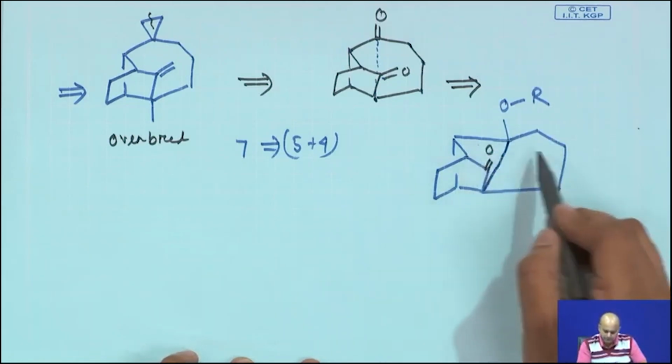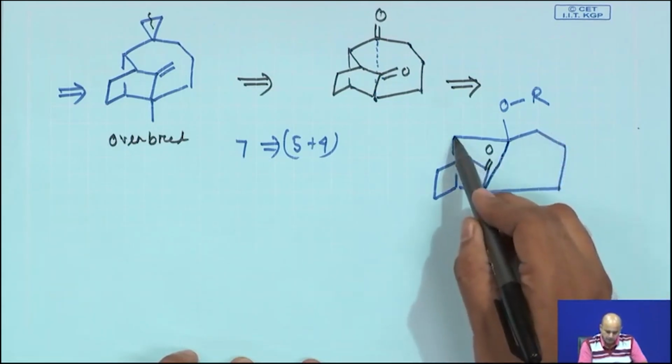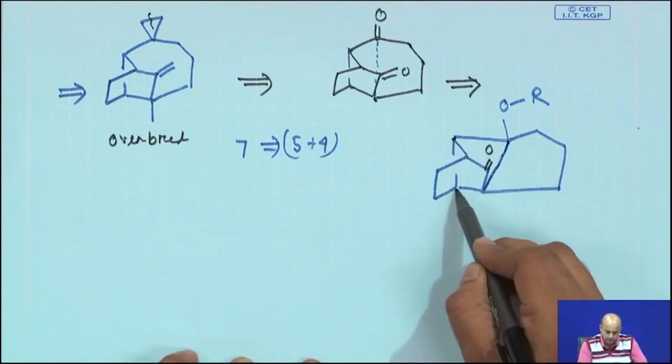Now, this is what? This is basically a 5-member ring on the right hand side and a 4-member ring with this bridge, 1, 2, 3, 4.